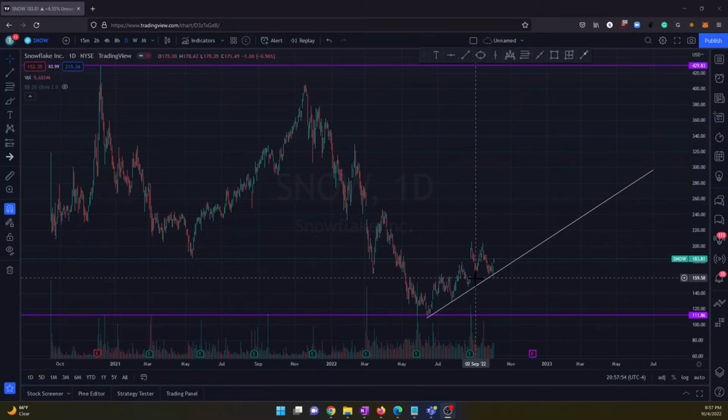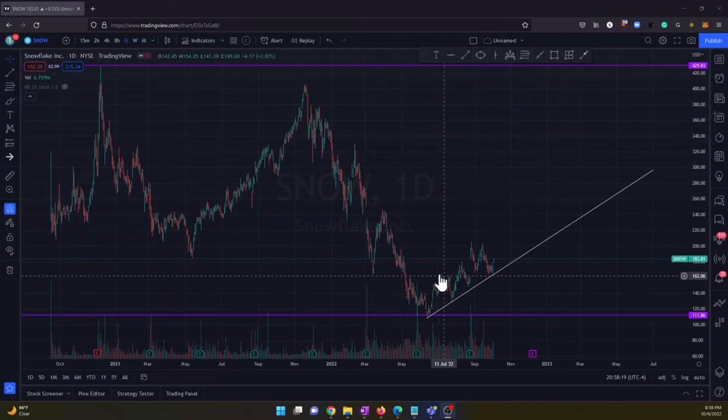So that is something I wanted to point out, so you could look for that on other occasions. There's a gap here, and the price comes back and fills in that gap. There's a gap here. Well, I don't know if there's a gap. No, there's no gap there.